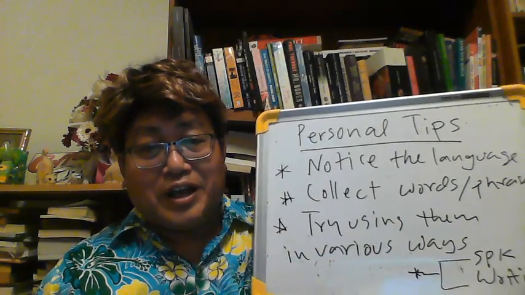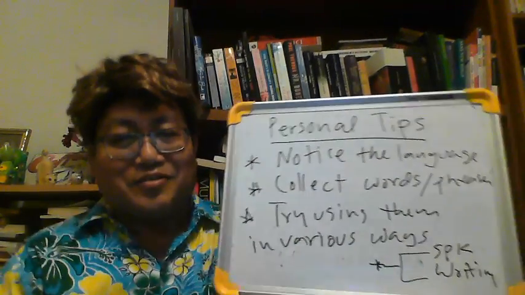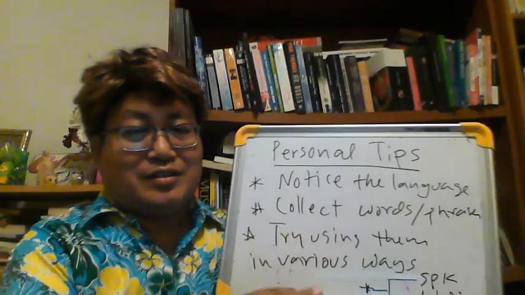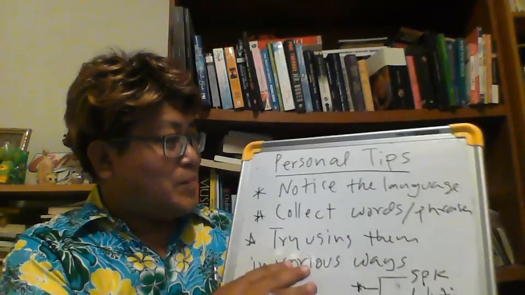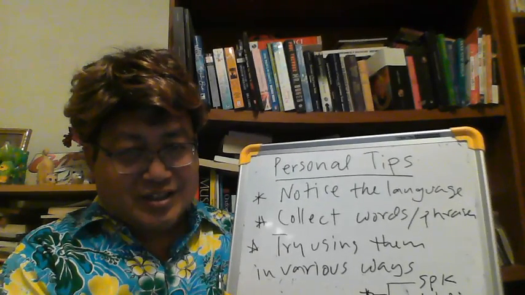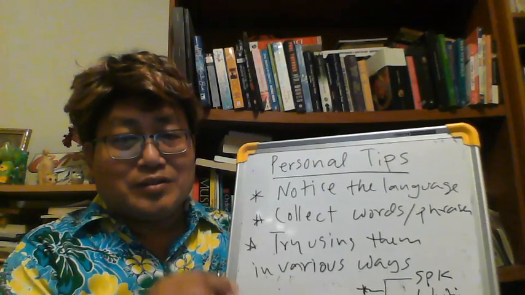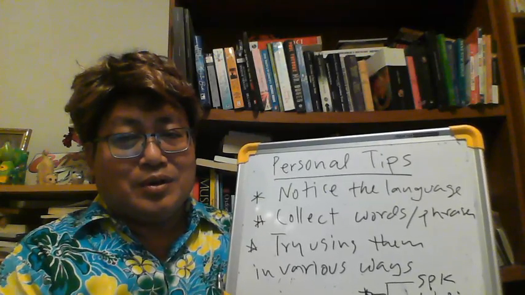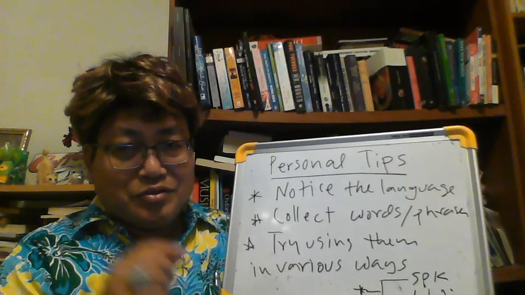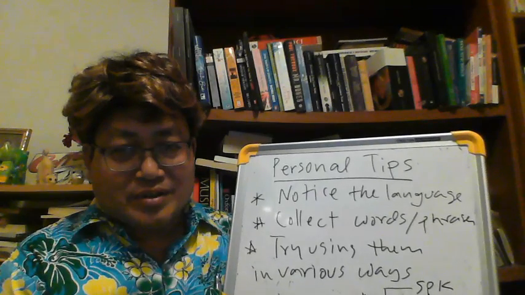Okay, before the end of my video, let me just recap what we've been talking about. I'm sharing with you my personal experience, and these are my personal tips on how to learn the English language. Number one, you notice the language.